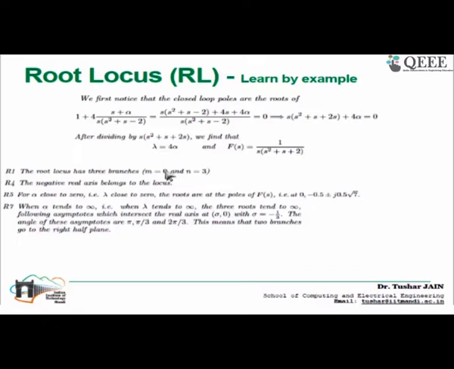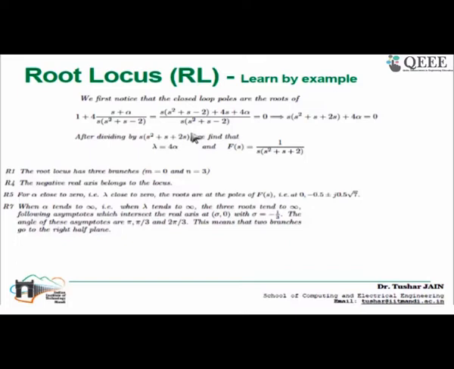Rule 7 says that if n is greater than m, which is the situation here, and lambda tends to infinity, which amounts to saying that alpha would tend to infinity, then n minus m roots asymptotically tend to infinity, meaning 3 roots will tend to infinity following asymptotes which intersect at sigma comma 0, where sigma is computed by the formula given in rule number 7.